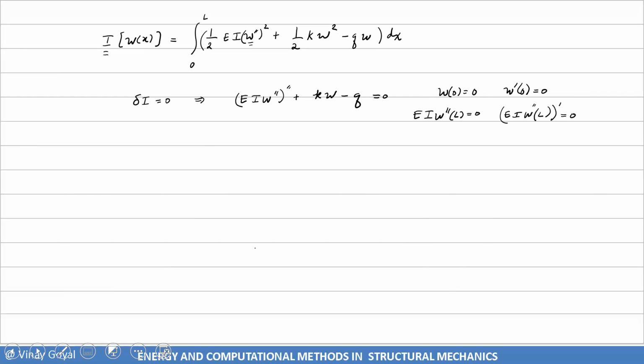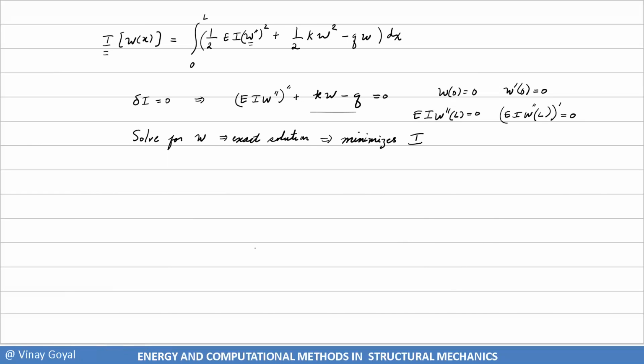So yeah, if I solve for W here, I get the exact solution. And this W is the one that minimizes I.